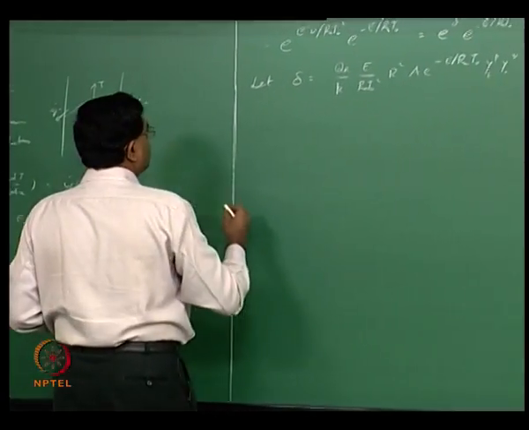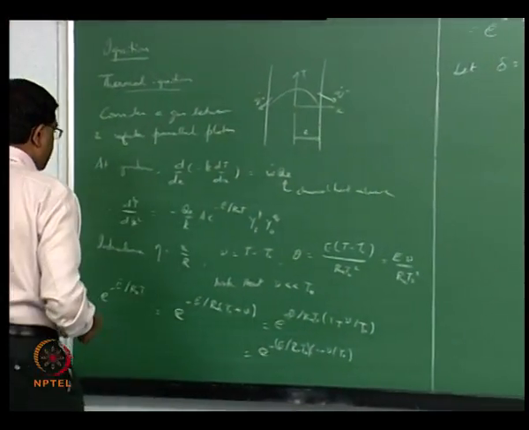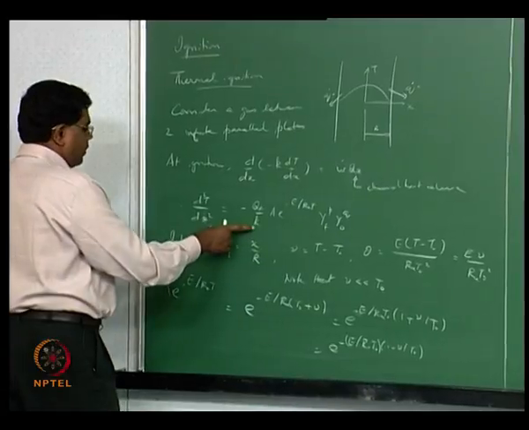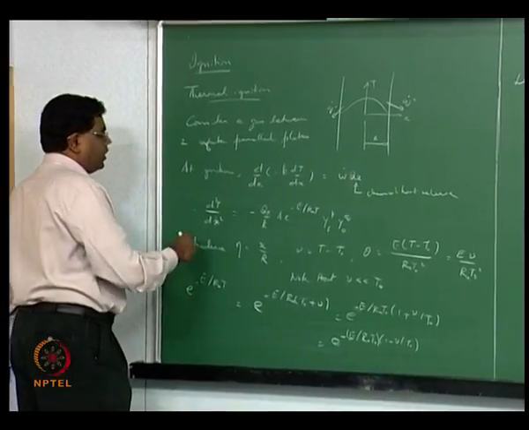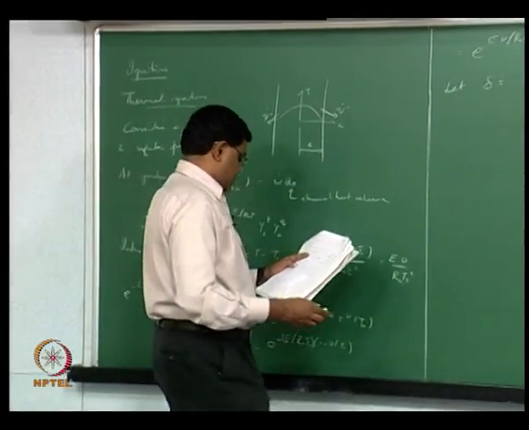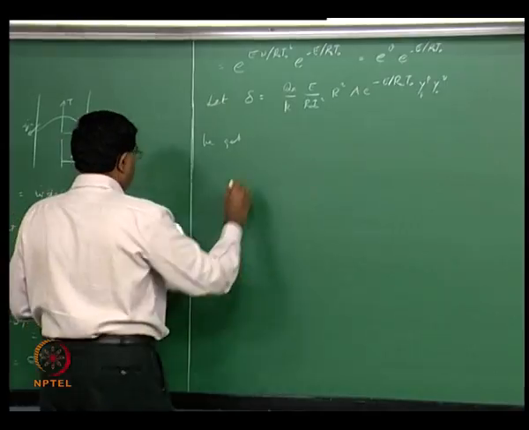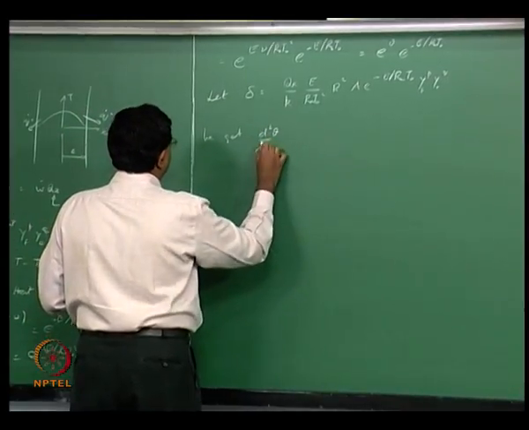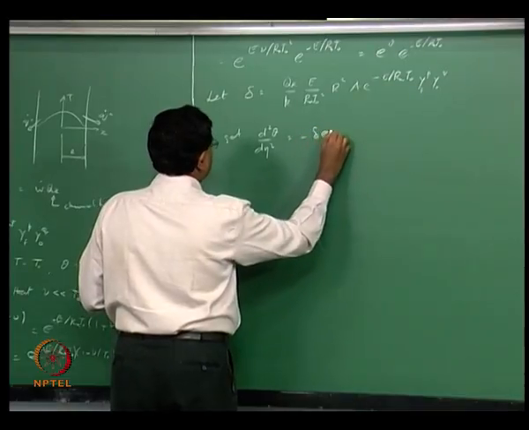Okay, so if you now do this, go back to your original equation. This is where we were, and we did all these things, and so finally what you're going to get is d squared theta over d eta squared equal to minus delta e to the theta.